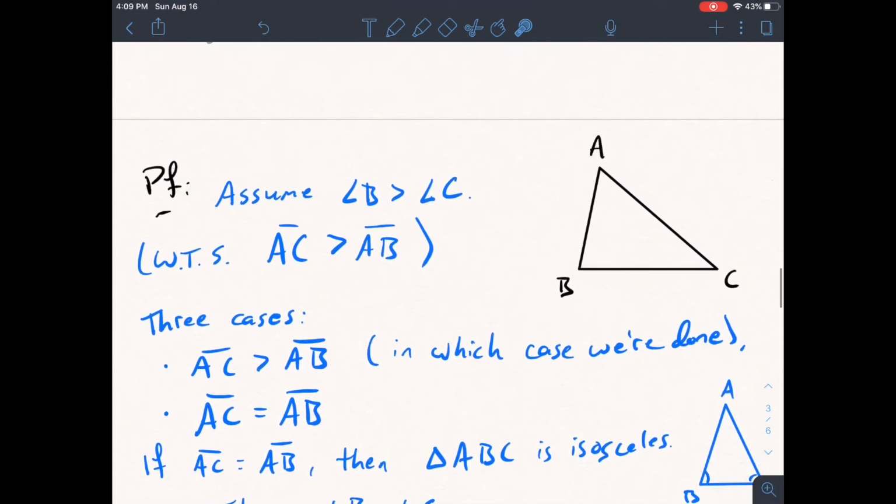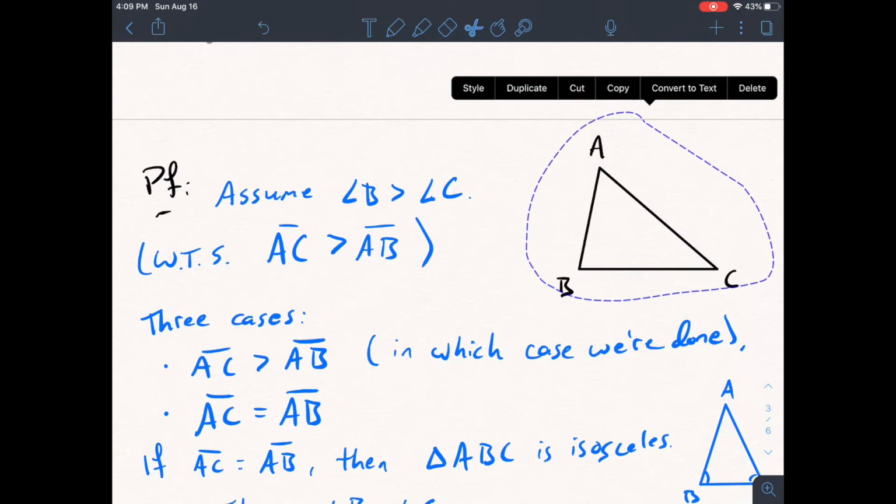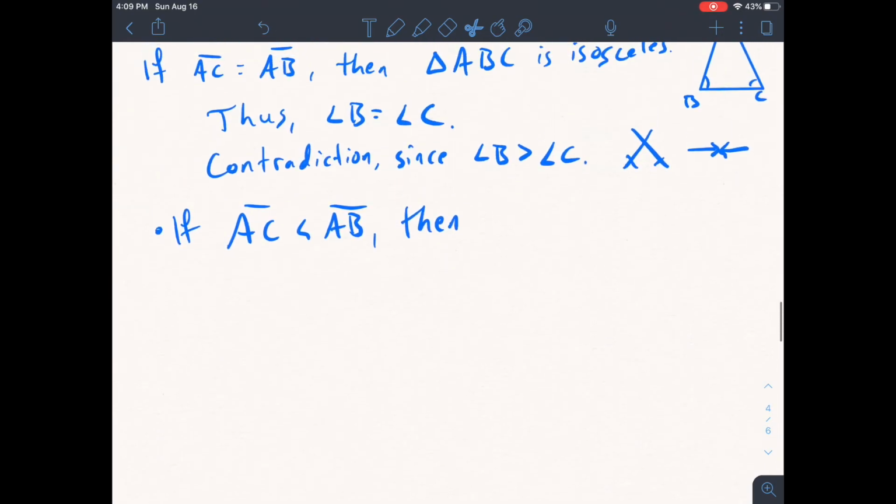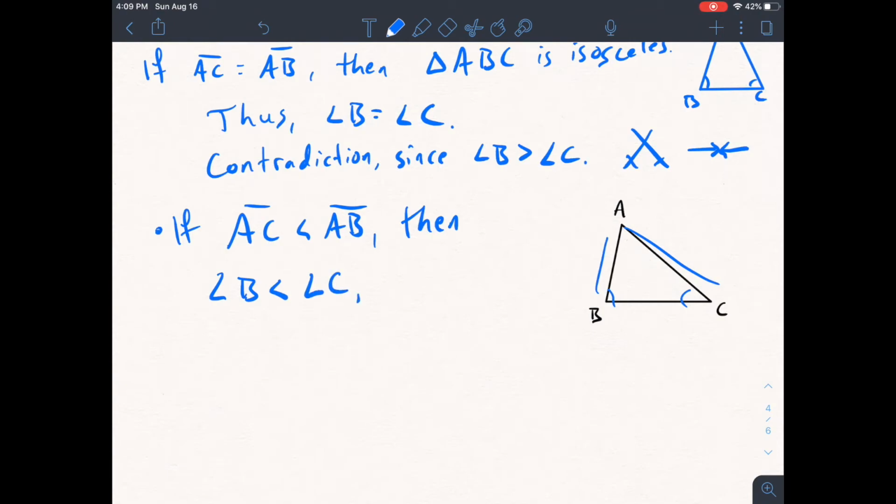So let me bring this triangle down again. Okay, so if AC is less than AB, then that proposition actually tells us that angle B must be less than angle C. Which is another contradiction.